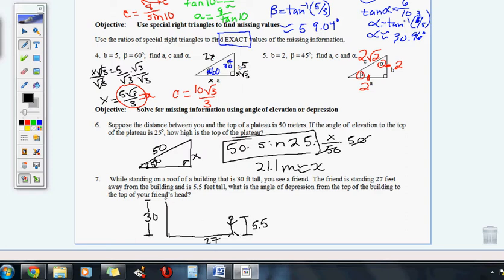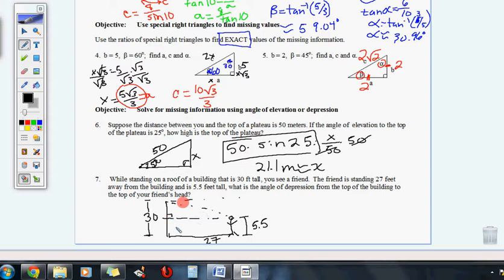But then we got to think about the whole thing about what they're saying with the friend's head. So we're going from here down to the top of the friend's head. Well, the angle of depression, I'm going to highlight here, is actually right there. That's the angle of depression, not this one right there. Well, if we draw a reference triangle as discussed here, his eyesight would go out this way.